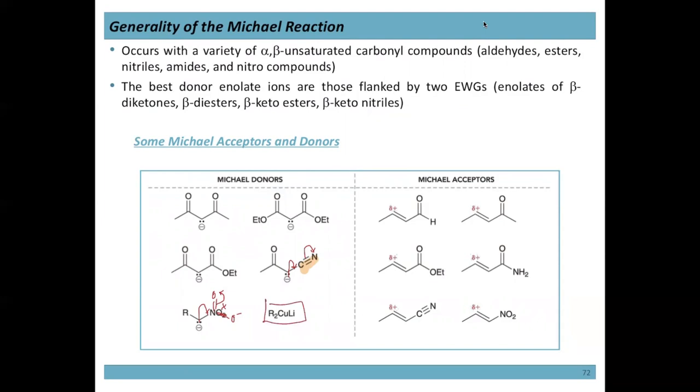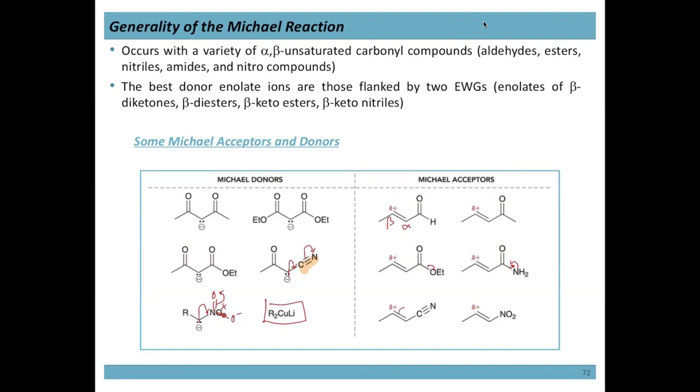And then good Michael acceptors, what do we need for those? Well, really, we just need these alpha beta unsaturated carbonyls. We can have other electron donating groups like amides or esters, and those still work as Michael acceptors.